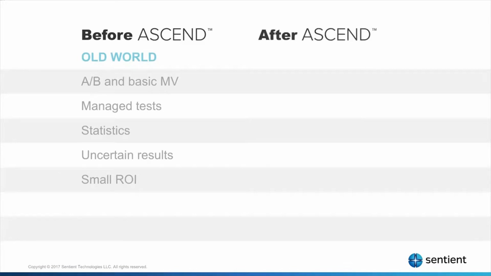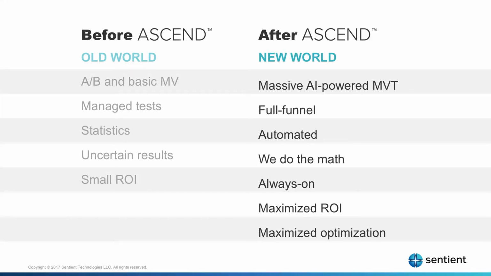With Ascend, using the power of artificial intelligence, we dubbed this term massively multivariate. That's powered by AI, where you can effectively test all of your ideas at once. So you can test a lot more, faster, by putting in your ideas up front, and you can optimize an entire funnel in a single experiment.